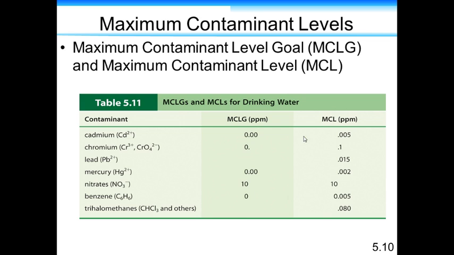It would be great if we could see a level goal of 0 for all of these, but in some cases it's just not possible. But here we have the maximum level before action is taken, in ppm. Lead, cadmium, and chromium are heavy metals, toxic metals. We'll talk about these trihalomethanes in a moment.